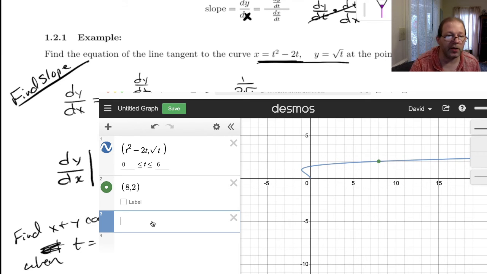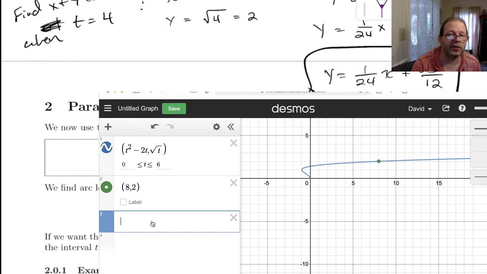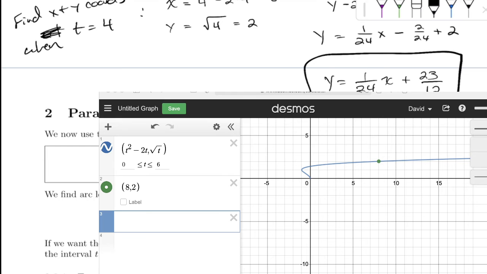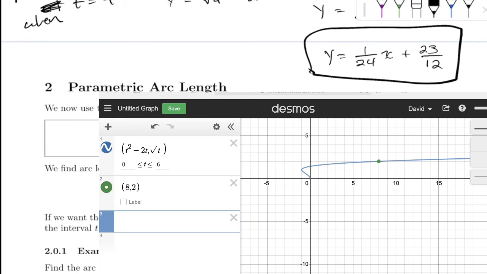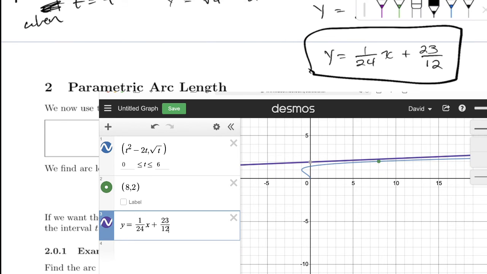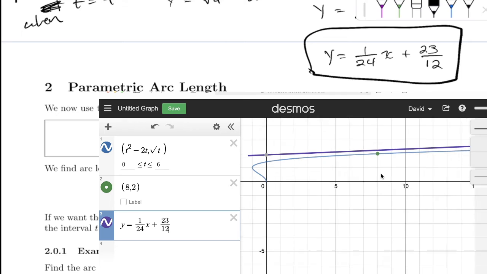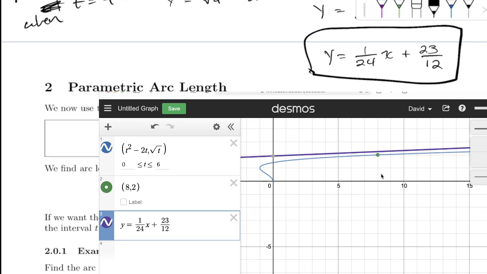And if I put in this line here, y equals 1 over 24 x plus 23 over 12, it should intersect that point. And it doesn't. Why? Because somewhere in here, there's a small mistake.